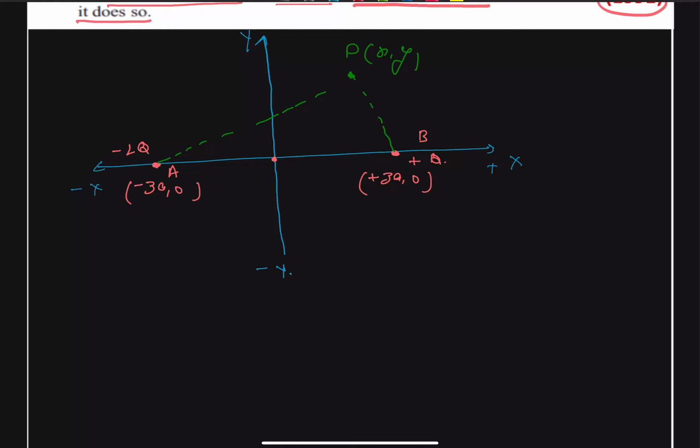So we are given in the question that the electric potential due to the charges should be equal to 0. It means the electric potential at P should be equal to 0. That is the basic question.